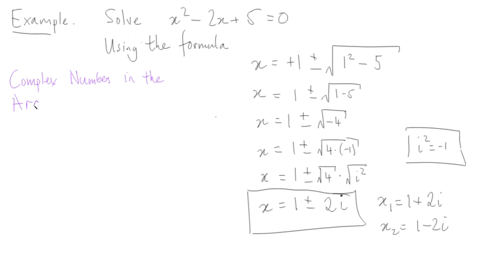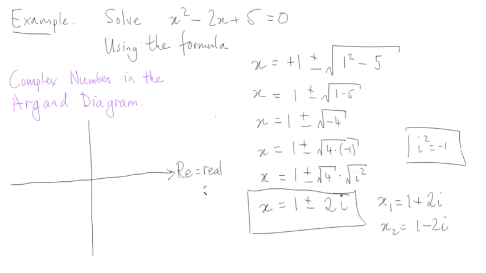Argand, A-R-G-A-N-D diagram. It's basically a bit like the Cartesian coordinate system, except we have two axes. We don't have an x and y axis anymore. We have a real axis, RE, which is called the real axis, and we have an imaginary axis, IM.